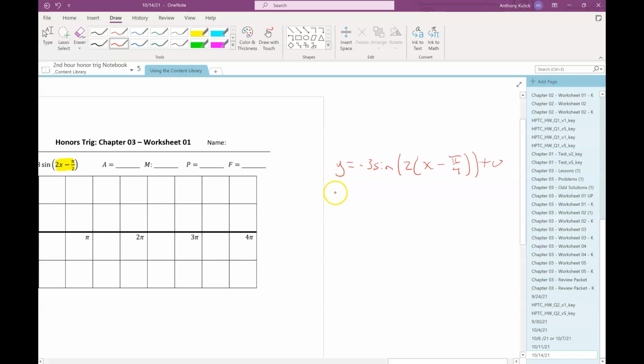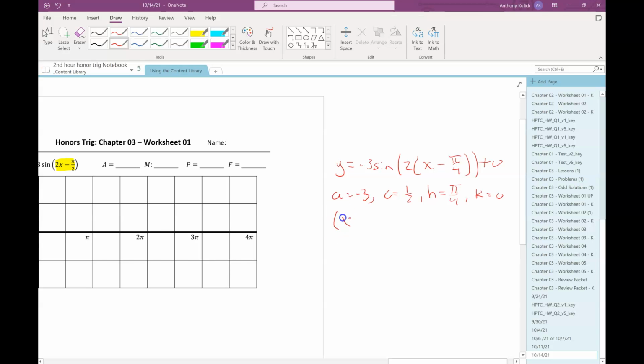Yes. Okay. So my a is -3. My c is 1/2. My h is pi over 4. And my k is 0. So far, so good? Okay.